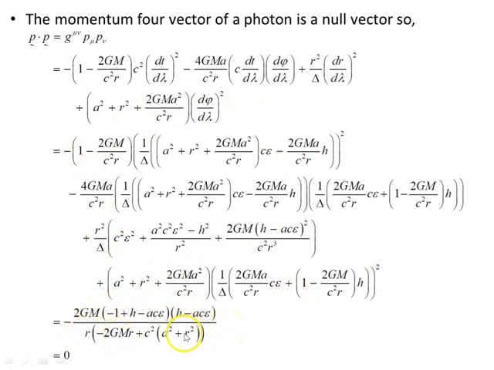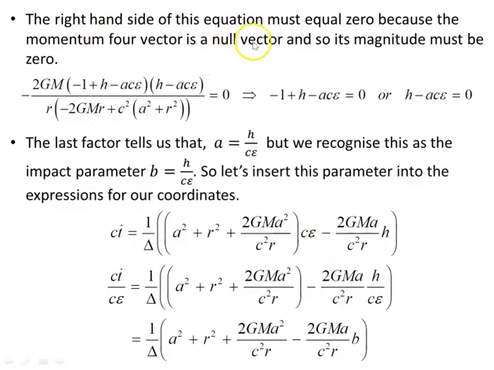Now, the momentum four-vector is a null vector, so this p dot p must be 0. All right, so the right-hand side of this equation must equal 0 because the momentum four-vector is a null vector, so its magnitude must be 0. So if this is 0, that means that we can have minus 1 plus h minus a times c times epsilon equals 0, or we could have h minus a times c times epsilon is 0.